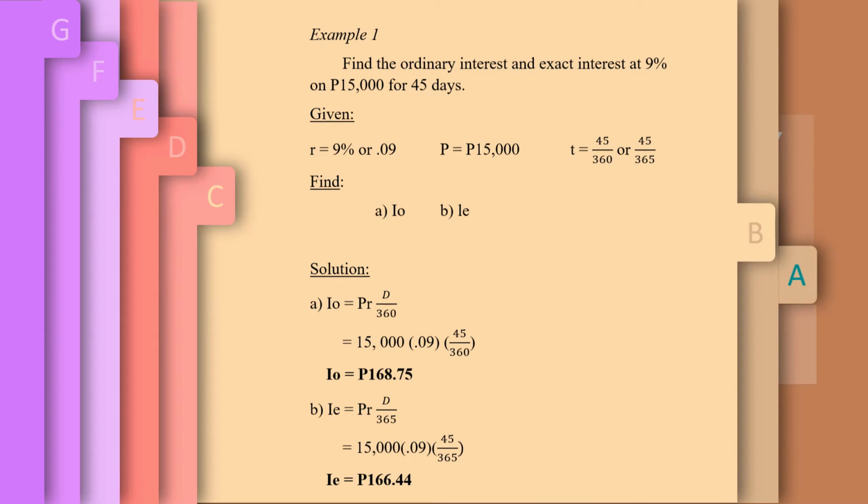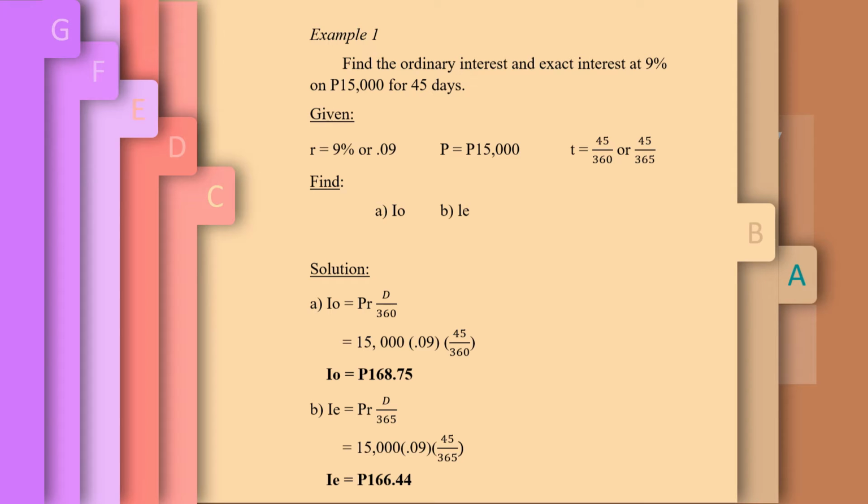We have here an example. Suppose we are to find the ordinary interest and exact interest at 9% on 15,000 pesos for 45 days. In solving problems involving mathematics, first and foremost, the first step is to determine or distinguish what are the given.